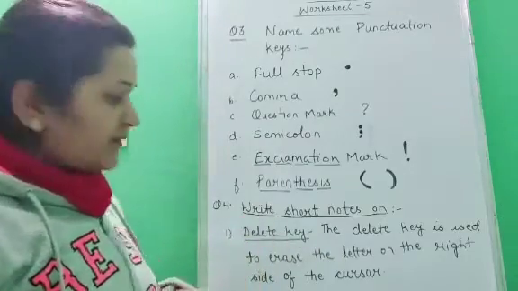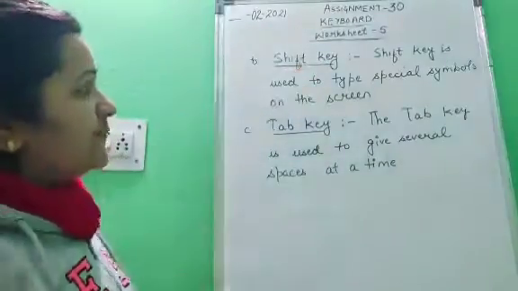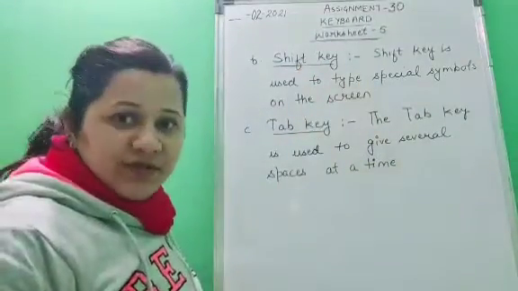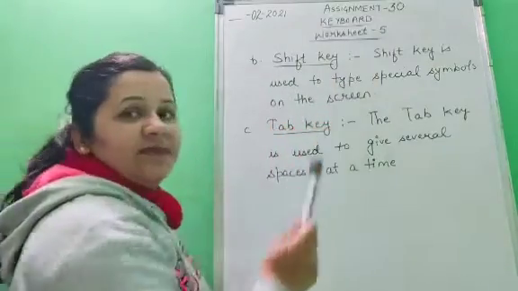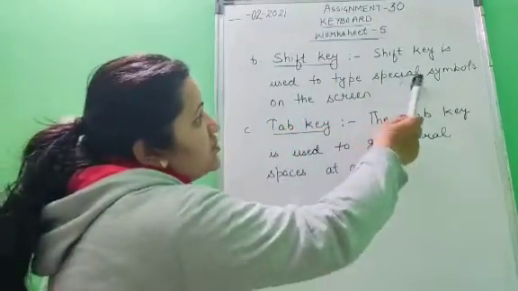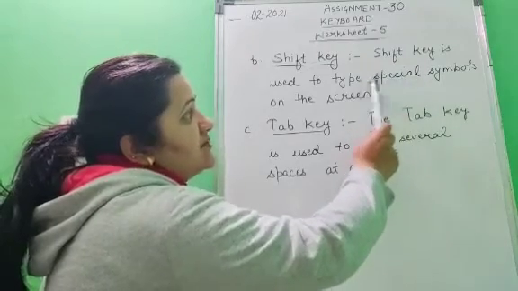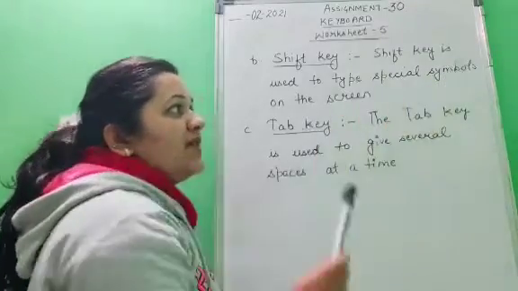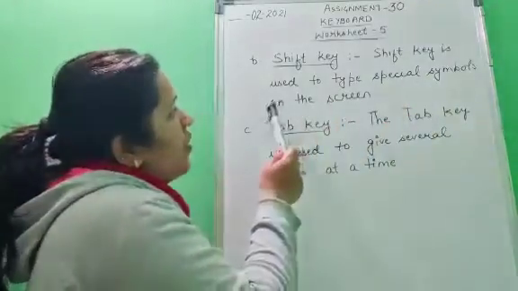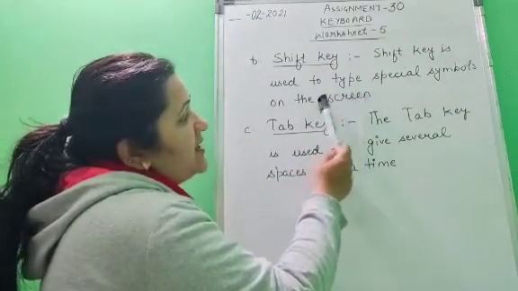Okay, children. Now here comes B part. Shift key. S-H-I-F-T. Shift key is used to T-Y-P-E, type, special, S-P-E, spe, C-I-A-L, cial, special symbols, S-Y-M, sym, B-O-L-S, bols, symbols on the screen, S-C-R-E-E-N, screen.